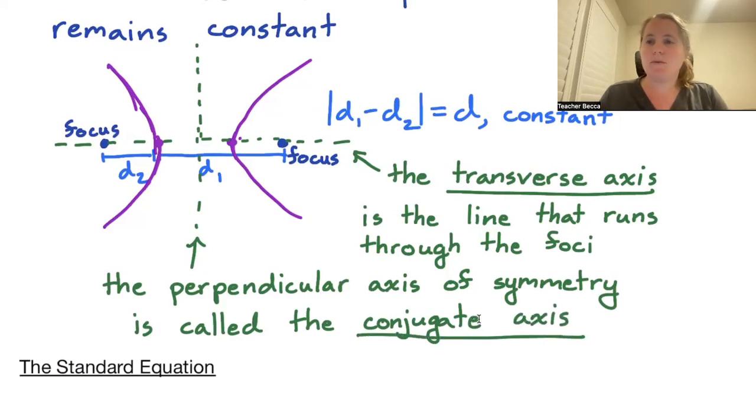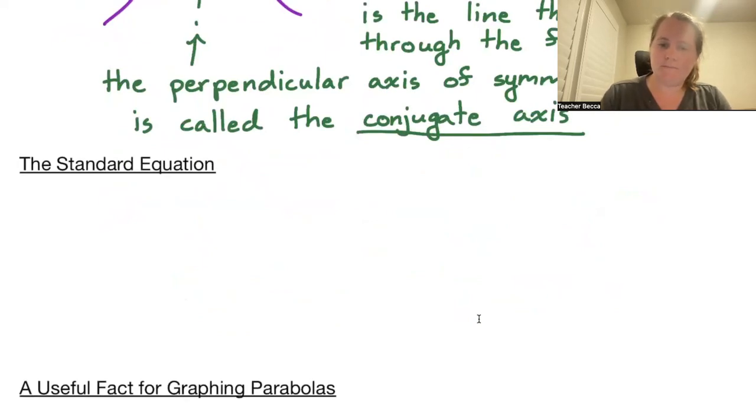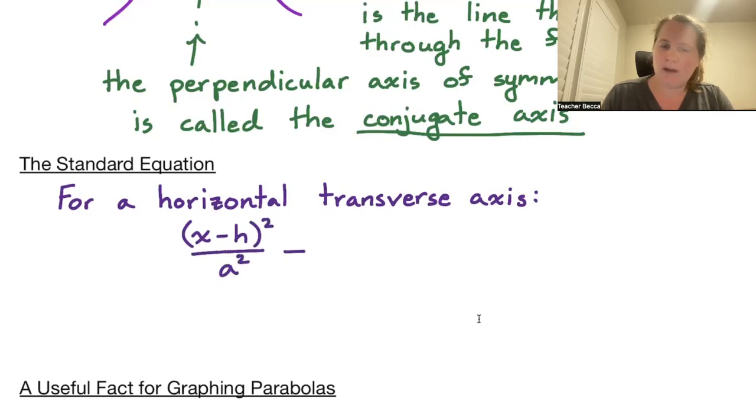I'm not going to work through finding the equations in this case. Our standard equations, we have two of them. If we have a horizontal transverse axis, we get the equation (x minus h) squared over a squared minus (y minus k) squared over b squared is equal to 1.